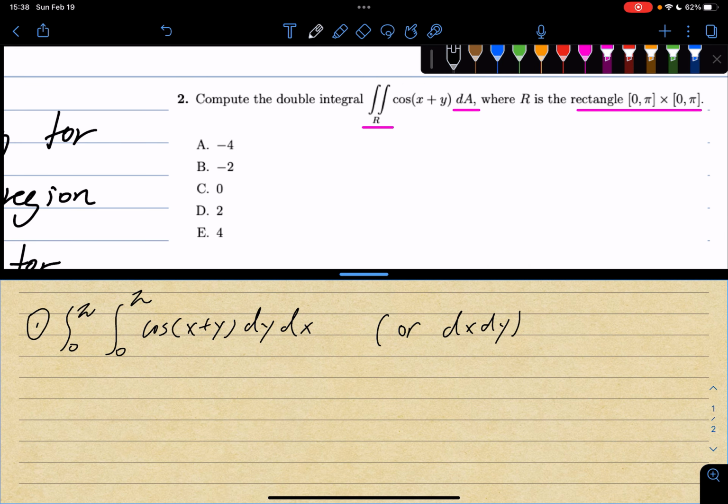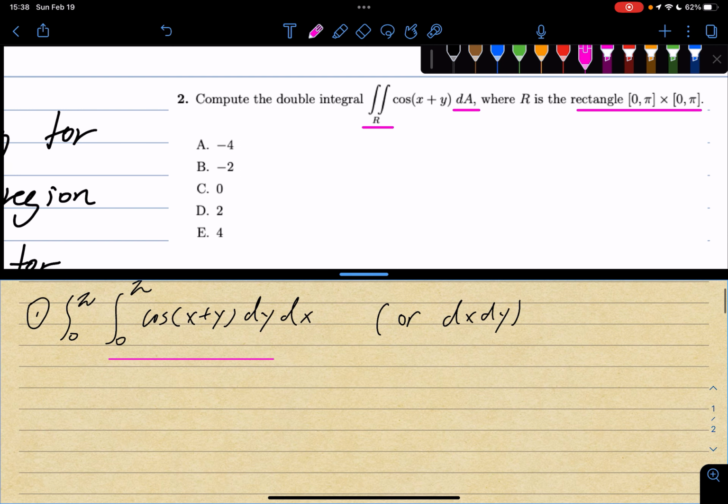For this section, we're going to compute the inner part first. Also, I'm going to draw the region of integration for the sake of illustration: y, x, pi, and pi.